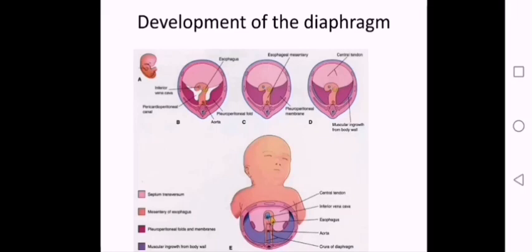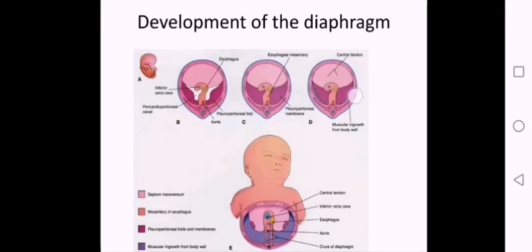The second one is the pleuroperitoneal membranes. The third one is the dorsal mesentery of the esophagus, and the last one is the muscular ingrowth from the lateral body wall. Muscle invades the previous components.